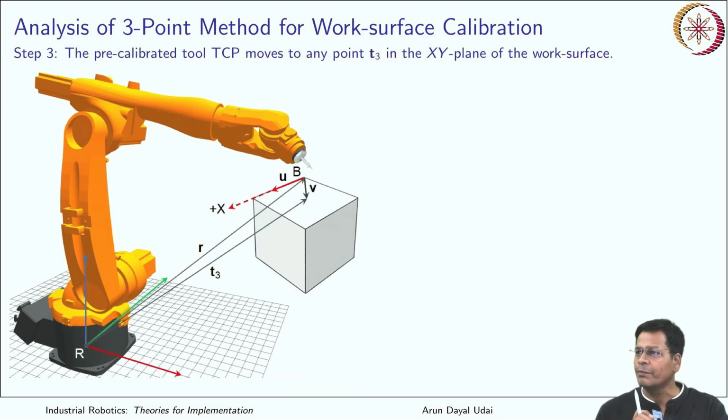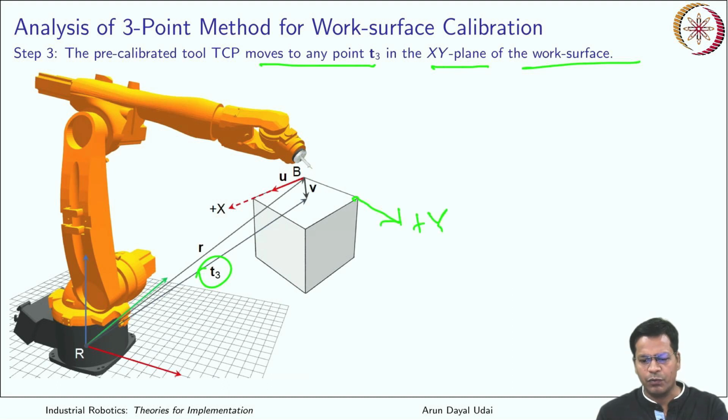Okay, the third step: the pre-calibrated tool TCP now moves to a point T3, which is in the XY plane of the work surface. If you assume this is positive Y, you have to remain in this plane somewhere. So the robot tooltip is now taken to this location.